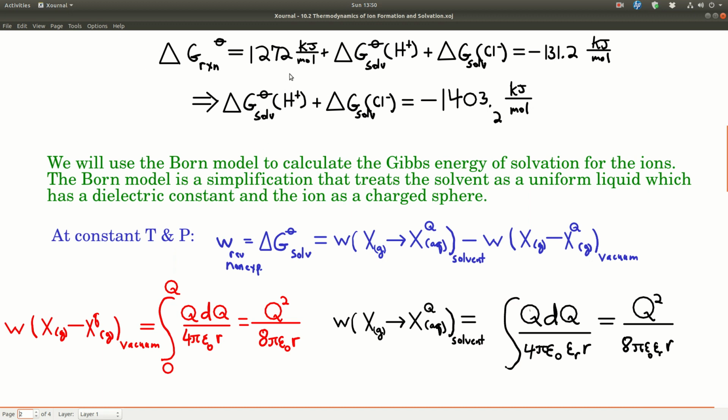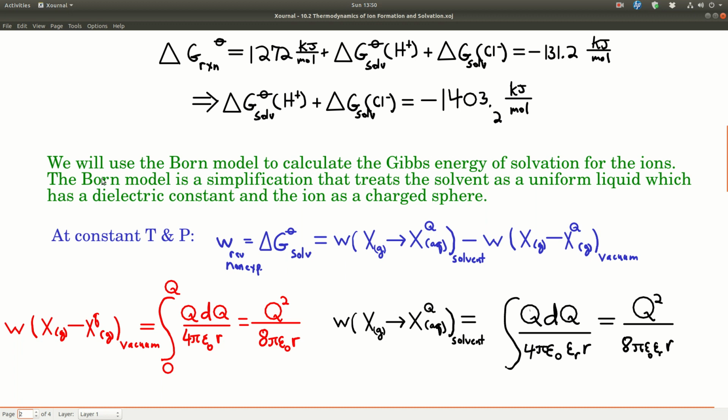So we know delta G of reaction is equal to those numbers, 1,272 kilojoules per mole, plus delta G of solvation of the hydrogen ion and delta G of solvation of the chloride ion. But we know the delta G of reaction is negative 131.2 kilojoules per mole. What that means is that the sum of the two delta G of solvations is equal to negative 1,403 kilojoules per mole. Definitely significant, definitely important.